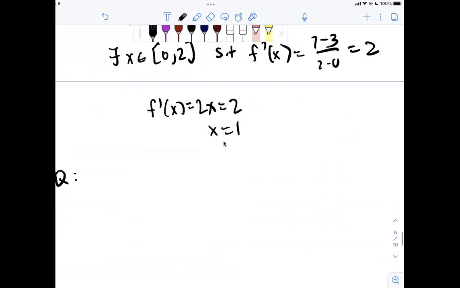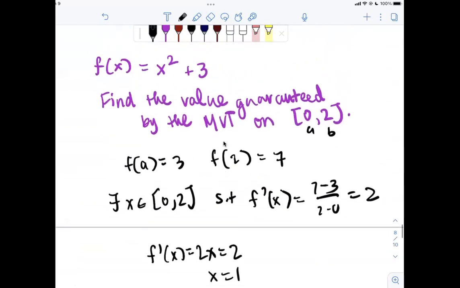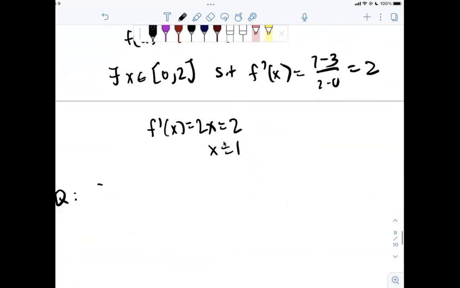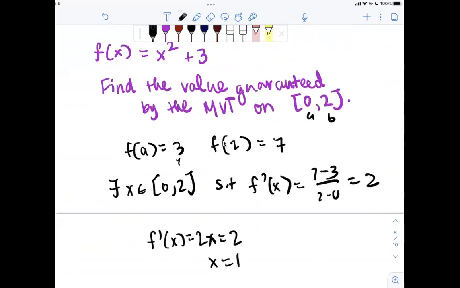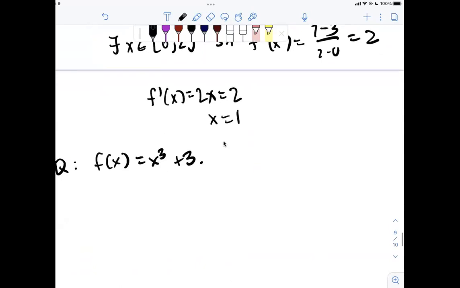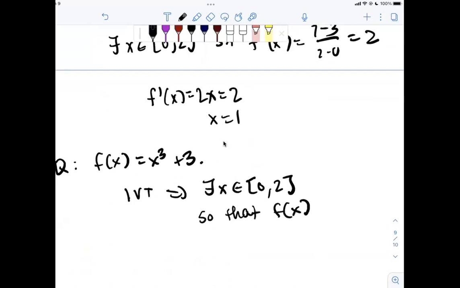So I'm going to let f of x be the same function above. All right, and then we know that f of 0 is 3 and f of 2 is 7. So the intermediate value theorem guarantees that there exists some x in this interval from 0 to 2, so that f of x equals 5.